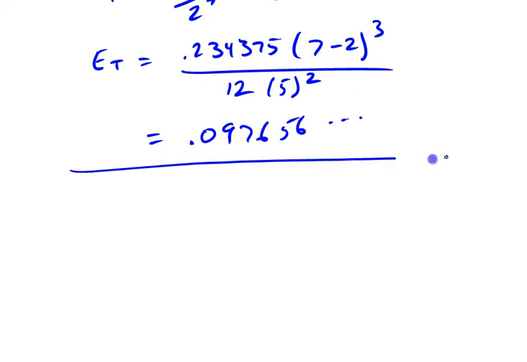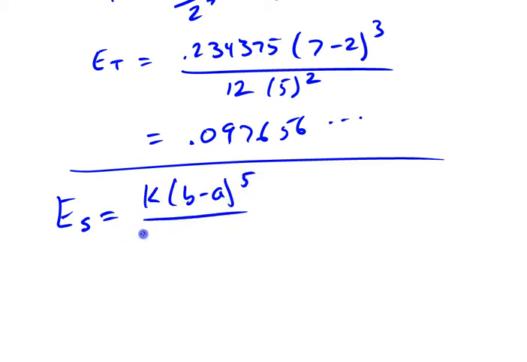For Simpson's rule, the error is a similar formula here: K times (b minus a) to the 5th power over 180 n to the 4th. Let's write that a little better.